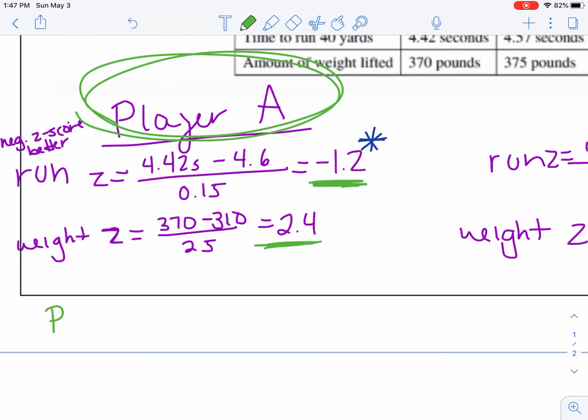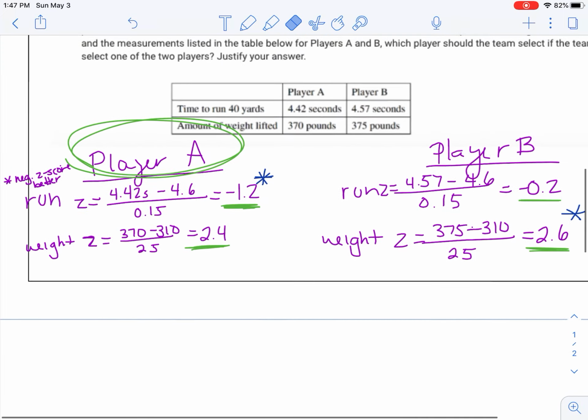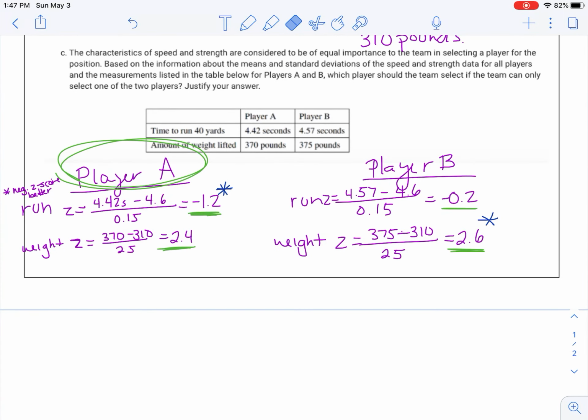Okay. Instead of making you sit through that, I would say player A is a much better runner because the difference in their z-scores is a total of 1, and only slightly worse, 0.2 z-scores in the weight. So I would go with player A, but make sure you write that down.